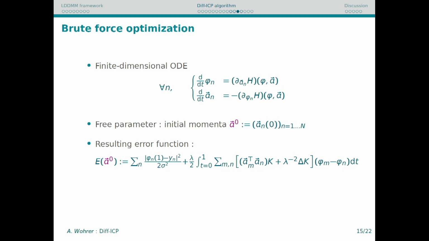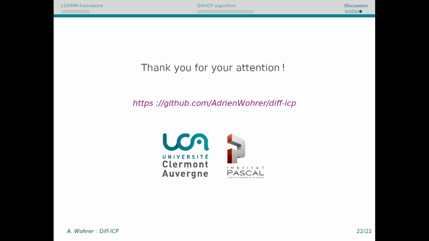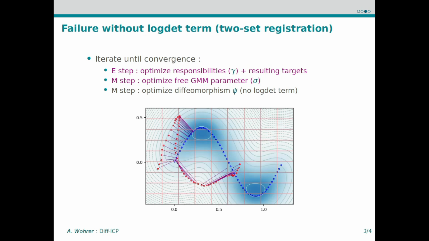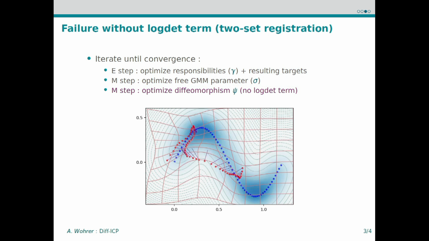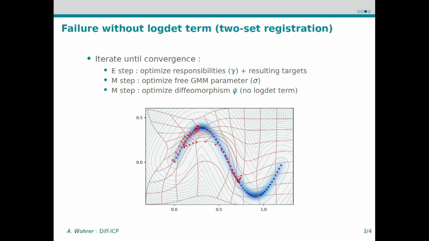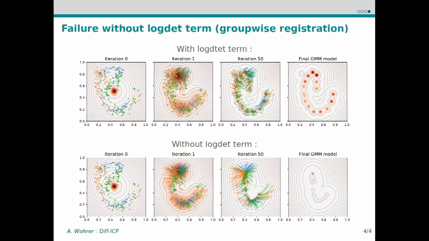Thank you. I just want to show, if I have like 10 seconds, this is what happens in the group-wise example. Sorry, that's a supplementary slide. So if I don't have the log det term, here is how the convergence goes. You see, it's bad because it doesn't preserve volumes.